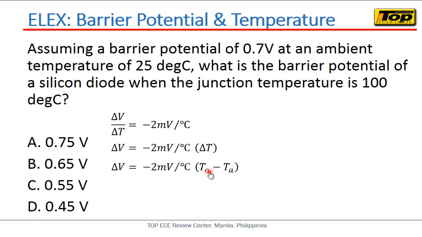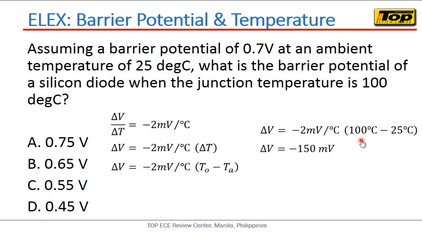Ito yung kukunin natin to get the difference in temperature. Now, substituting those values, ang ating operating temperature is 100 degrees Celsius while ang ating ambient is 25 degrees Celsius. Okay? So makukuha natin yung change in voltage, that will be negative 150 millivolts.